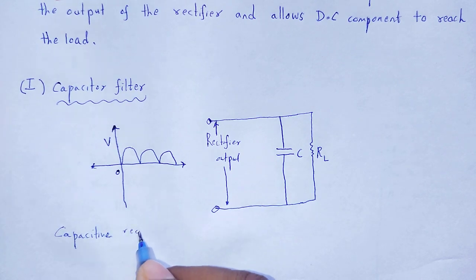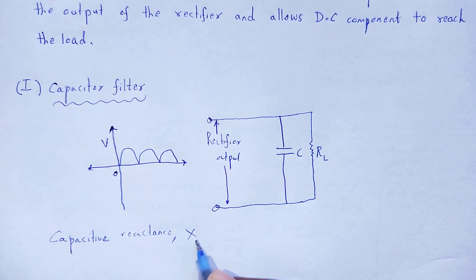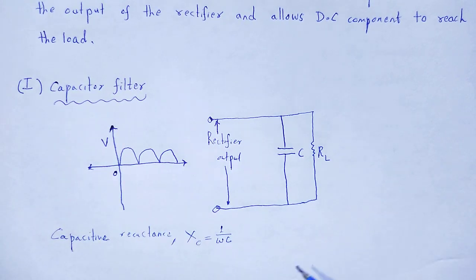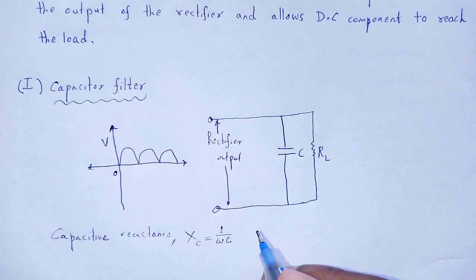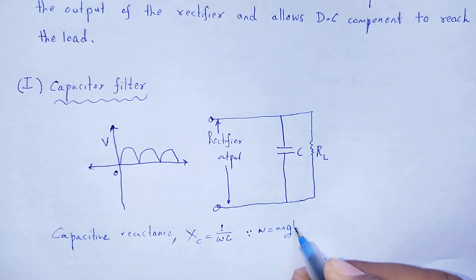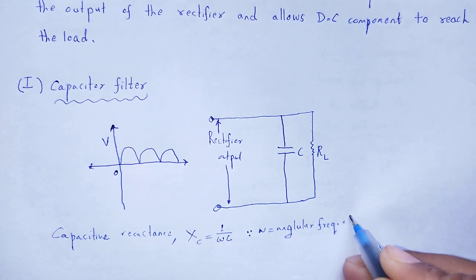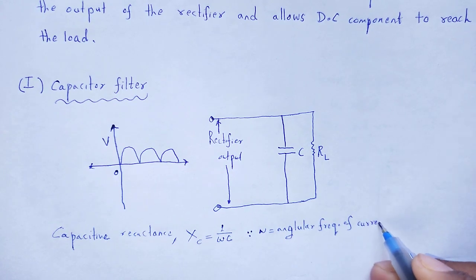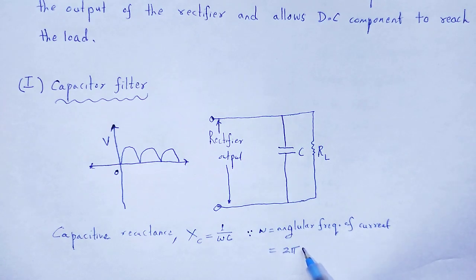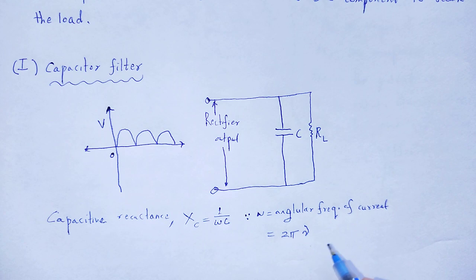Capacitive reactance Xc is equal to 1 by omega C. Omega is the angular frequency of current, which is equal to 2 pi nu, where nu is the frequency of current.